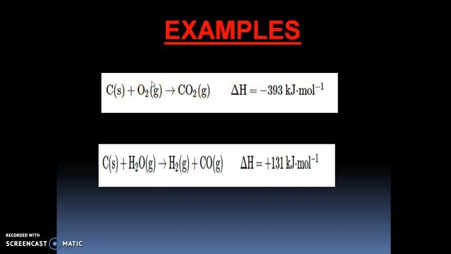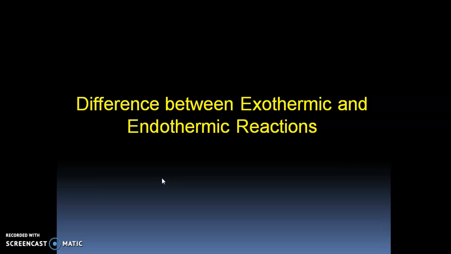So whenever delta H is negative, our reaction is exothermic in nature. Whenever delta H is positive, the given reaction is an example of an endothermic reaction, because positive means to absorb. So whenever a reaction absorbs heat, it belongs to the endothermic nature of reactions.